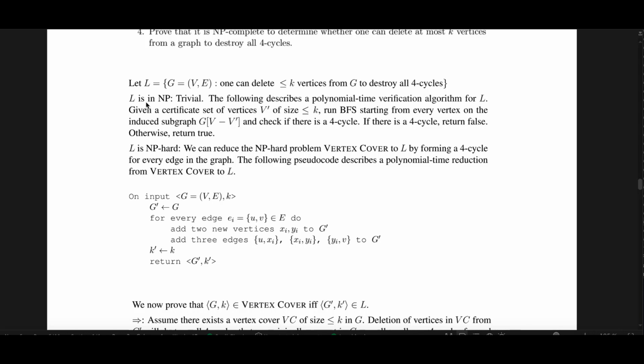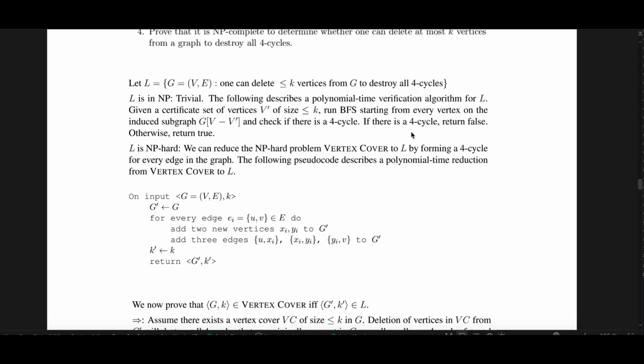So we need to determine that L is in NP. The following describes a polynomial time verifier for L, given a certain set of vertices V plus of size at most k. Run BFS starting from every vertex on the induced subgraph G[V minus V plus] and check if there is a 4-cycle.